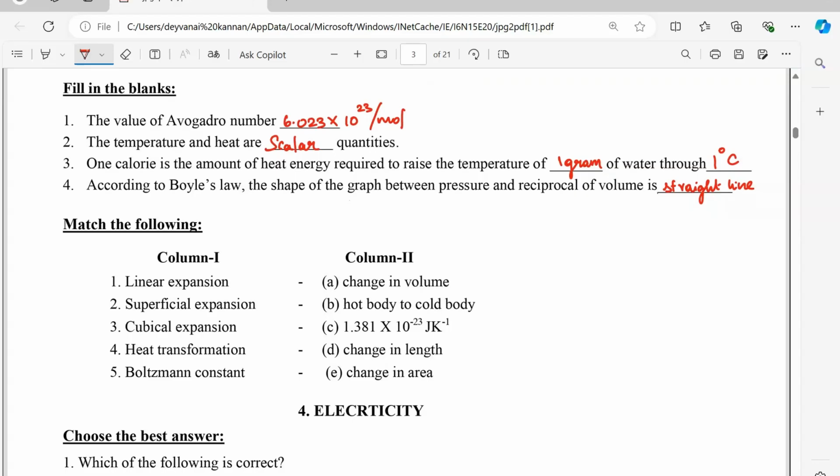Linear expansion, change in length. Superficial expansion, change in area. Cubical expansion, change in volume. Heat transformation, hot body or cold body. Boltzmann constant, 1.381 into 10 to the power of minus 23 joule per Kelvin.